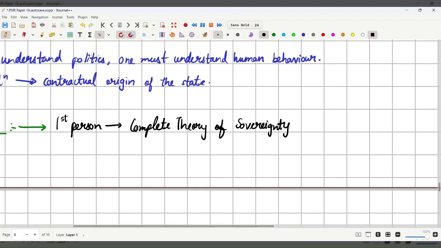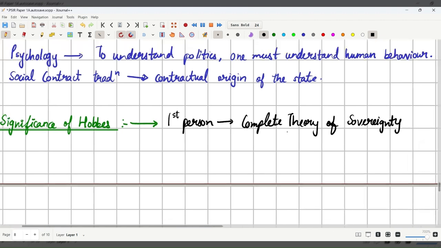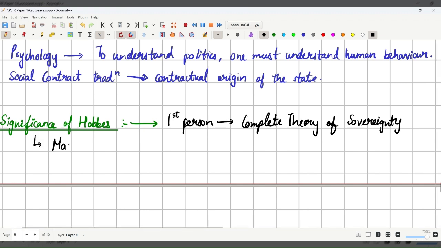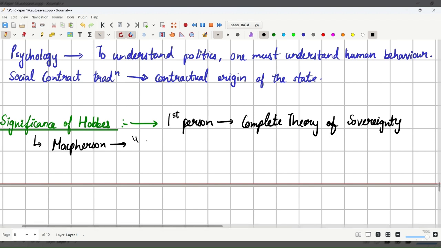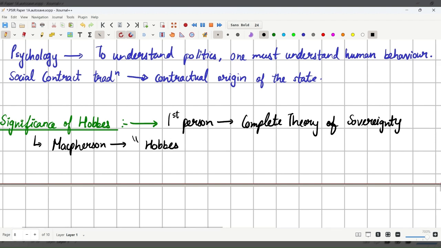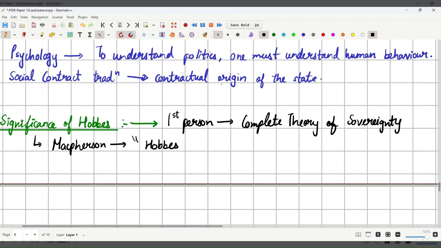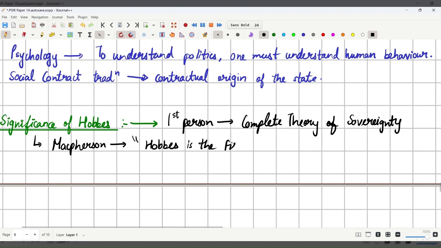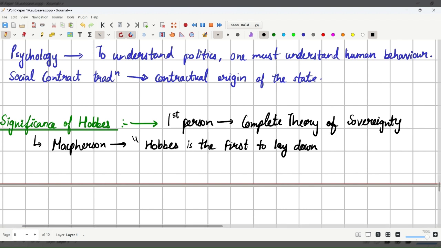Then, Macpherson comments that Hobbes is the first to lay down the science of politics.